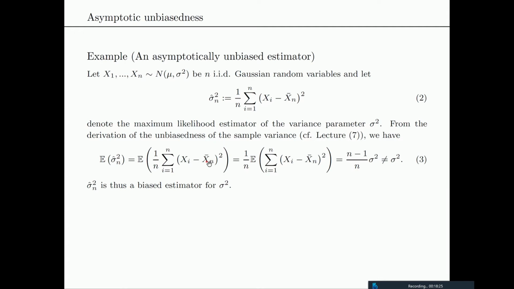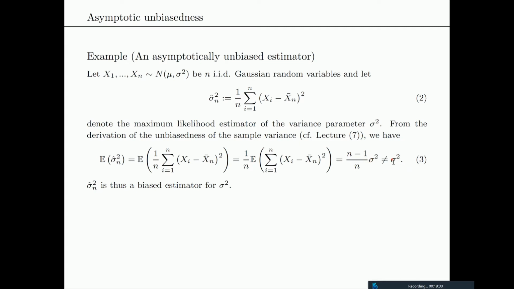This is one way to look at that. What we have seen when we discussed the unbiasedness of the sample variance is that the expected value of this thing here, essentially, so we take the 1 over n out, and we look at the expected value of the sum of xi minus the sample mean squared, was given by n minus 1 times sigma squared, which is not sigma squared.